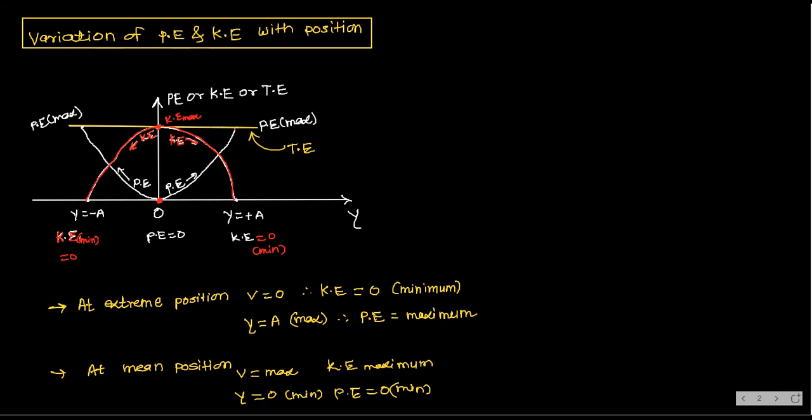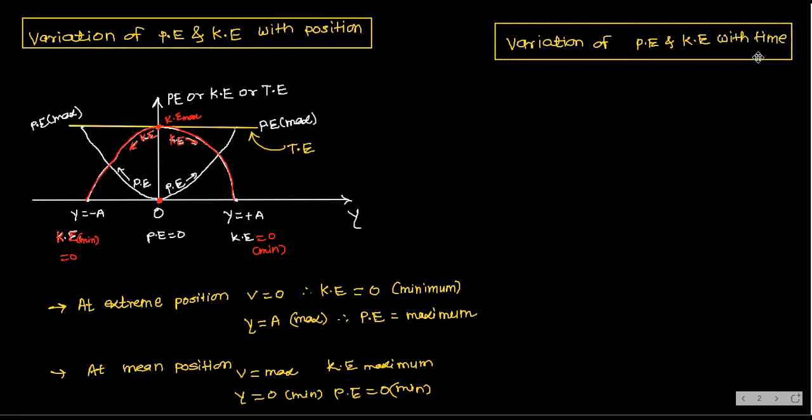If we will see another graph, that is variation of kinetic energy and potential energy with time, then how it will be? Variation of PE and KE with time. Okay, variation of potential energy and kinetic energy with respect to time. Let's see.